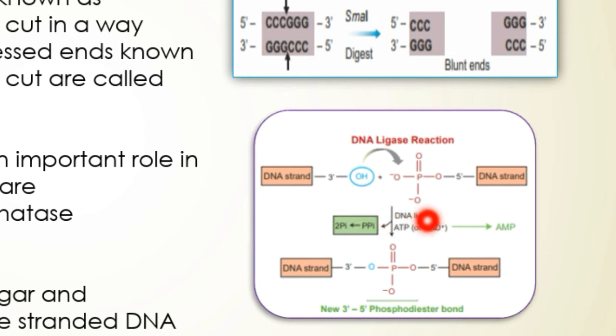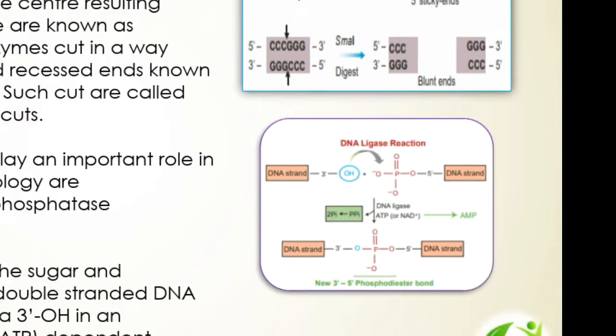So how will it serve as a pasting enzyme? Here you could see how it serves by linking these two segments. They will be forming a new 3' to 5' phosphodiester bond.